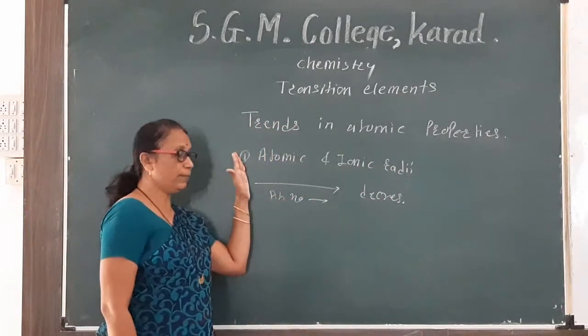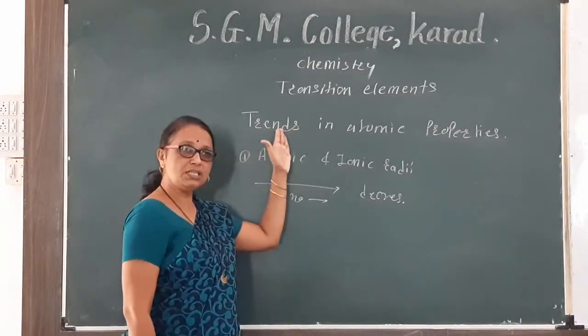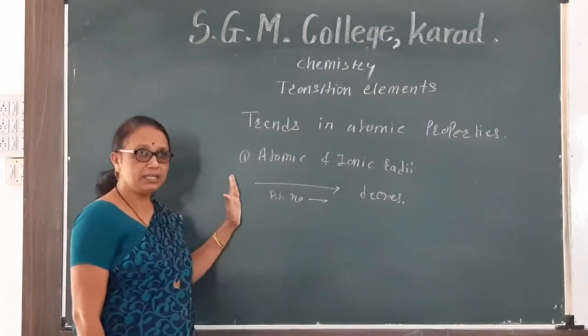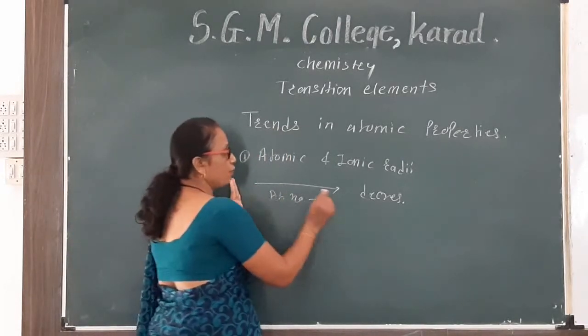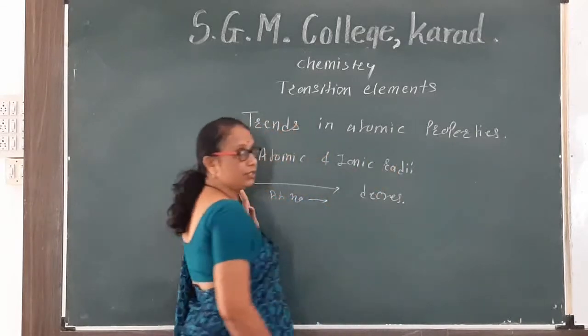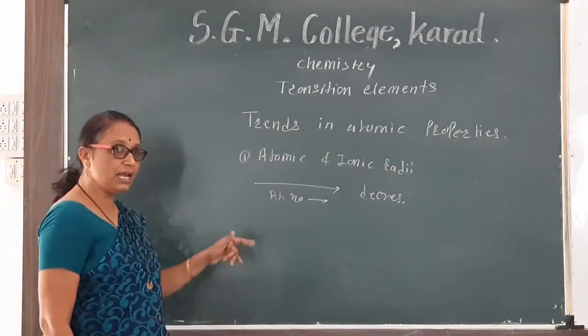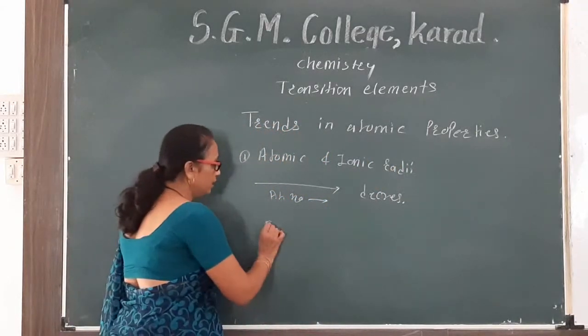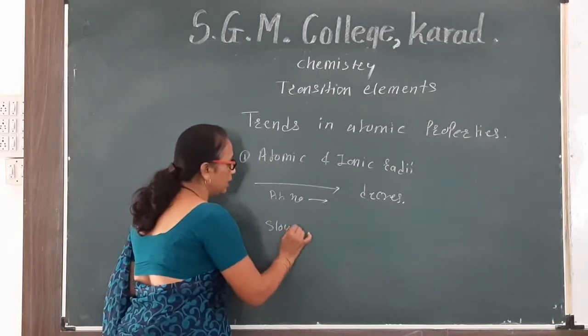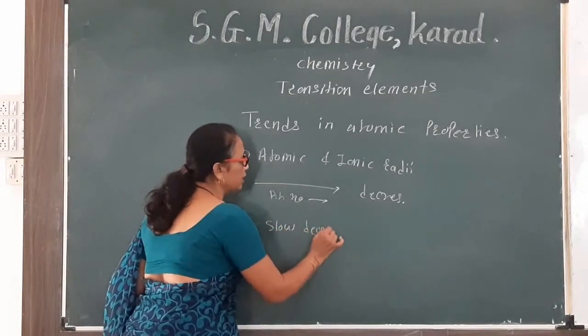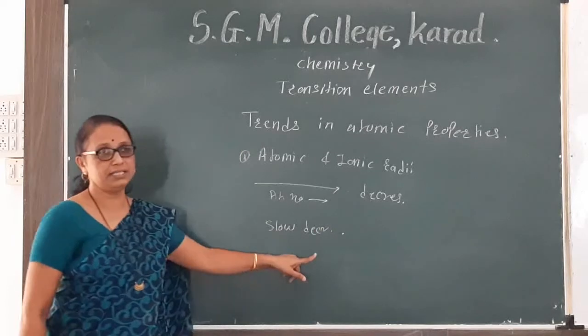In d block elements, or in the transition series also, atomic radius decreases from left to right, but it is a gradual or slow decrease.